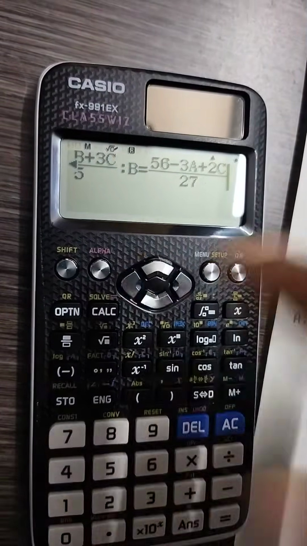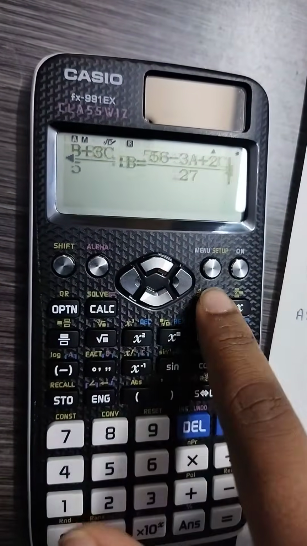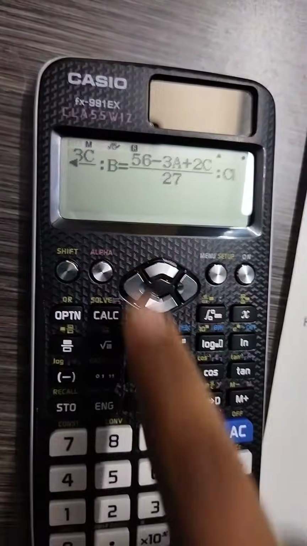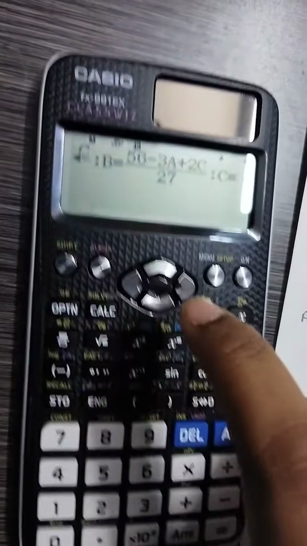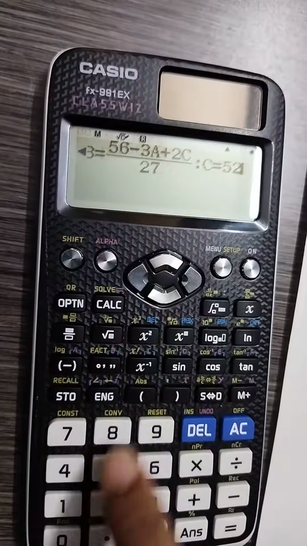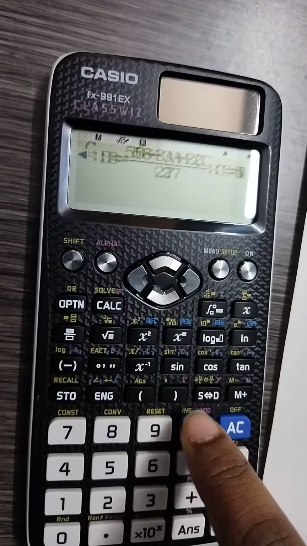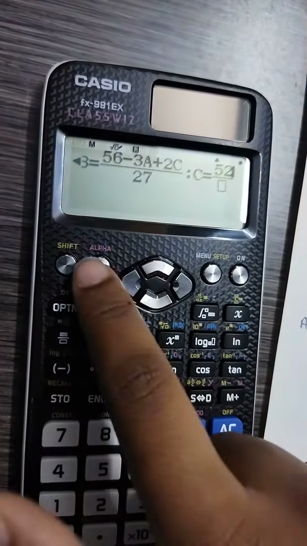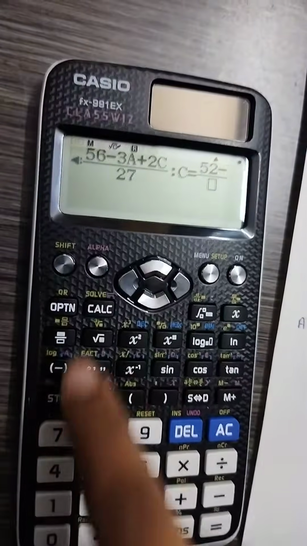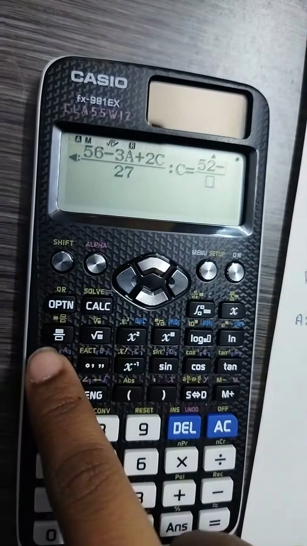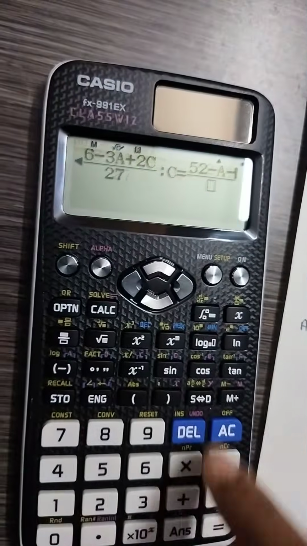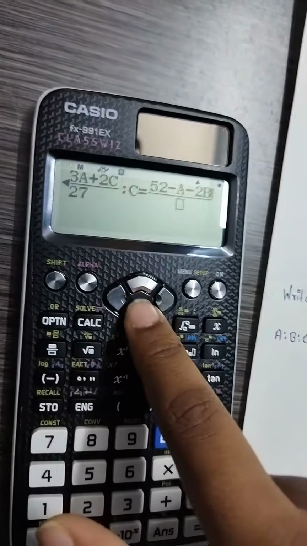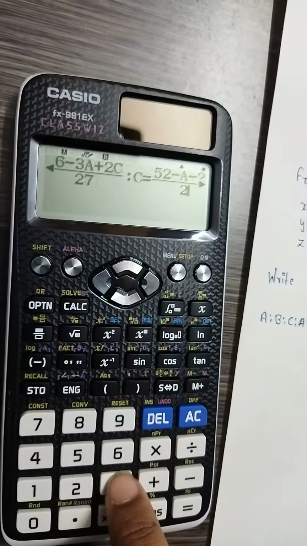Alpha c, alpha equals to 52, undo the symbol, 52 minus alpha a minus 2 alpha b, come down, now 23.